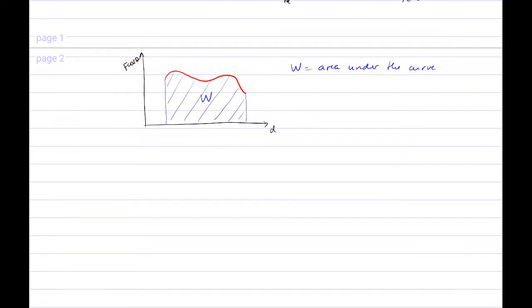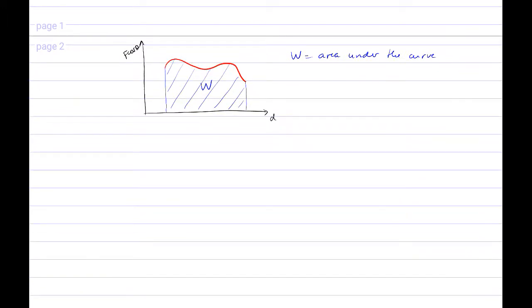But there is another special case where work is area under the curve, and that is what we call a PV diagram. So we use that in thermodynamics. On the y-axis we have pressure, and on the x-axis we have volume.